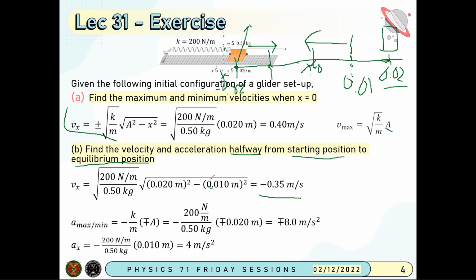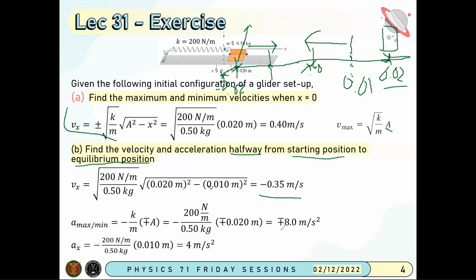Okay, for the acceleration naman, gamitin natin yung other equation kanina. So negative k over m times x, right? Yung maximum and minimum acceleration always happens at the amplitude. Sa negative and positive amplitude. Okay? So yung sa dulo, right, dito sa dulo, saka yung dito sa kabilang dulo.